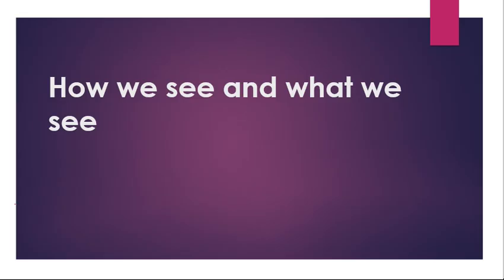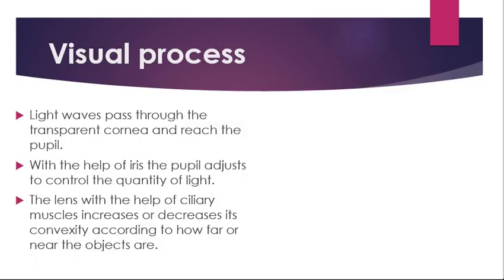Now we will see how the visual process works, or how we see and what we see. During the visual process, light waves pass to the transparent cornea, as we have read earlier.